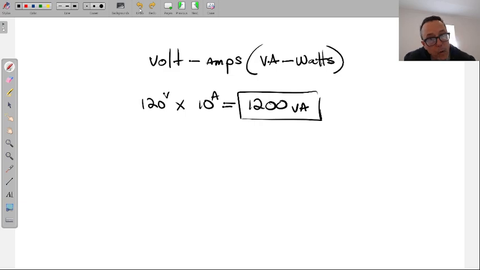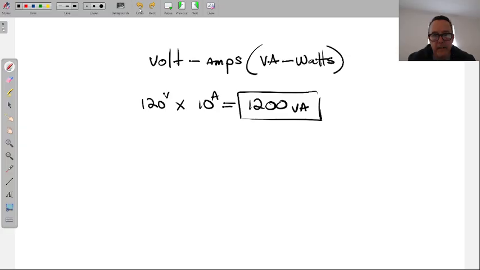Now, when you say watts, you're talking about measured energy. In other words, when I actually plug this thing in with 10 amps, when we measure the wattage or when we measure the energy usage, now we're actually getting a physical, real representation of this thing in usage.